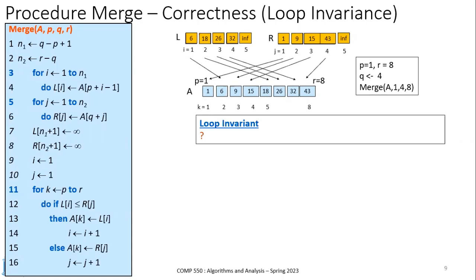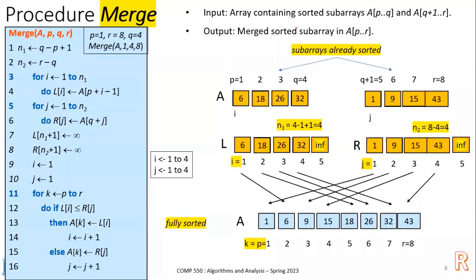Let me just stop you. Let me again say, the reason why that wasn't a great suggestion is because that is already given. If you go back, you're already given the subarrays which are already sorted. So that's not a good loop invariant.